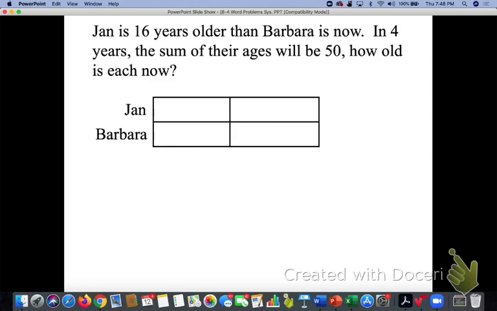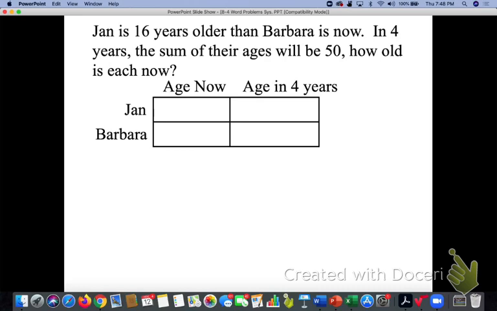So in the first time period, they're talking about now. And then we also talk about in 4 years. So when we see Jan now, we can call her X, but I don't like to do that. I like to call her by the starting letter of her name.